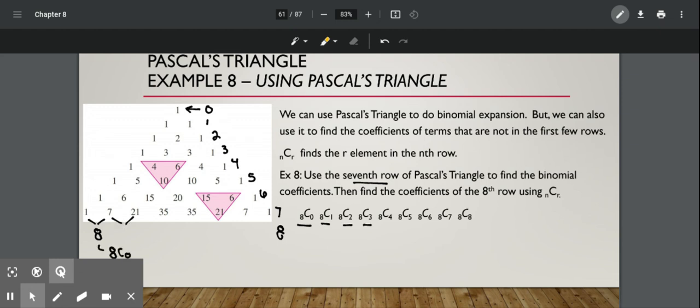And if you added these together and got 28, that's your 8C2. And if you added these together and got 56, that would be your 8C3. Sorry, I skipped that 1. When you have the 1, that's your 8C0 term.